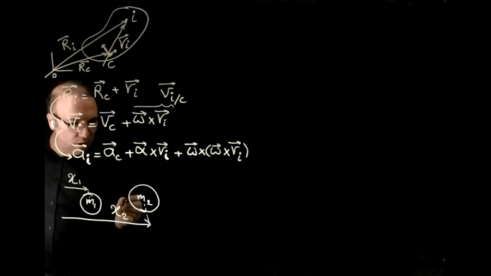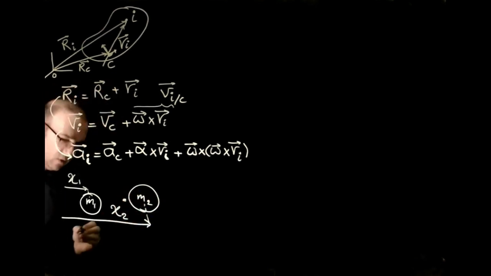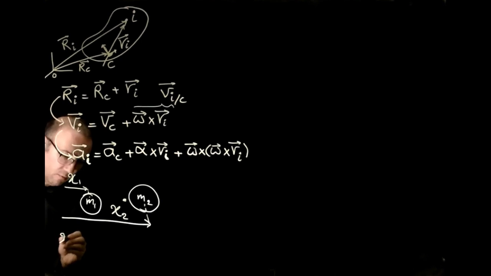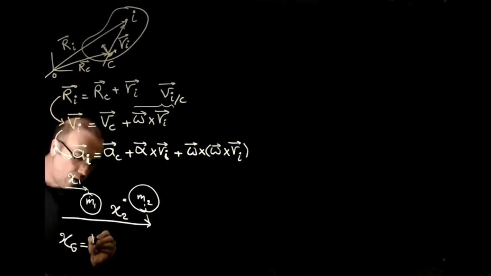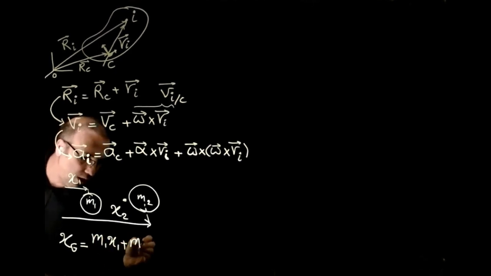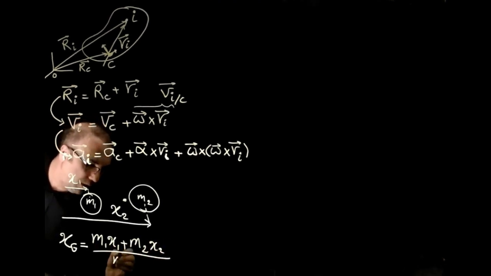Then the x coordinate of the center of mass, which would be somewhere closer to the bigger mass, right? xG, center of mass, equals M1 x1 plus M2 x2 divided by M1 plus M2.